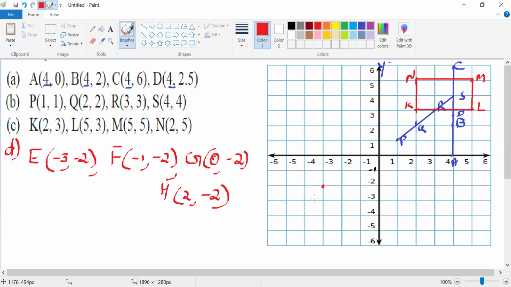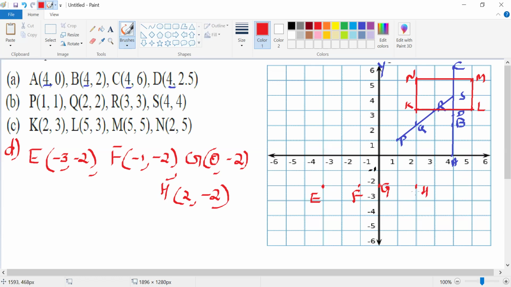So this is E. F -1, -2. So this is F. G 0, -2. Since x is 0, it will lie on the y-axis. H 2, -2.